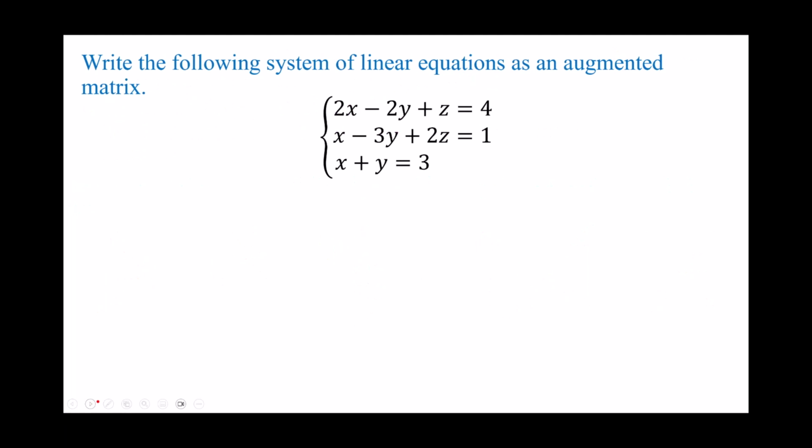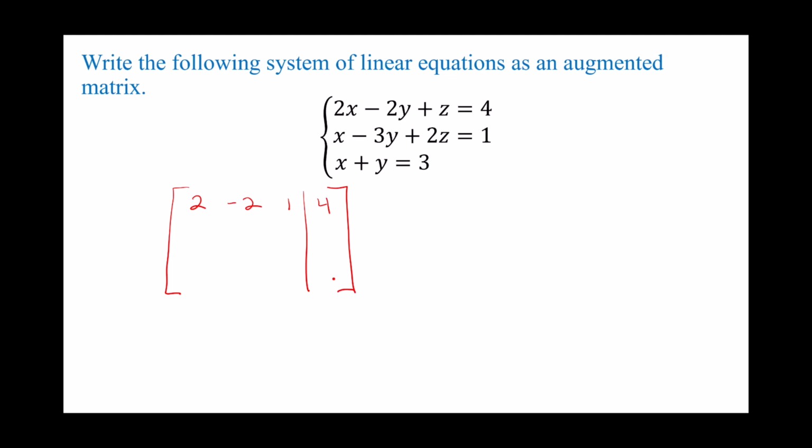So how does the matrix work with a system of equations? If I want to write a system of linear equations as an augmented matrix, what that means is I'm going to write the system of equations, but with just the coefficients, not the variables, not the plus and minus or equal sign. So the first row will be a 2, -2, 1, and 4. And I can draw that vertical line to represent the equal sign and to show this is an augmented matrix.